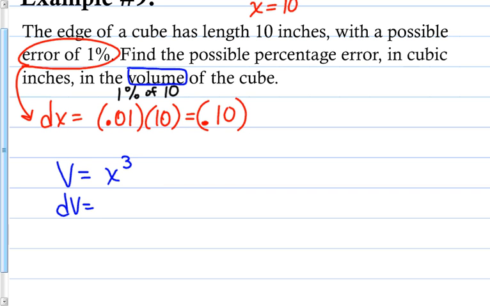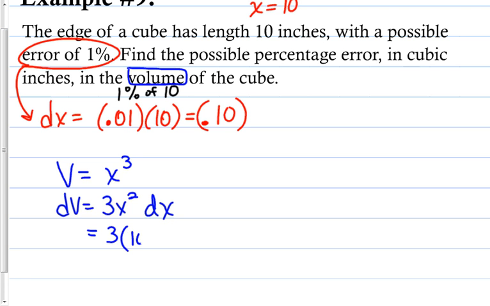So dV equals 3x squared dx. I know what x is, I know what dx is. I'm looking for the possible percentage error in the volume. This first gets me how much the volume changed by. After that, I'm going to have to figure out what the percentage is. So plug in what you know.